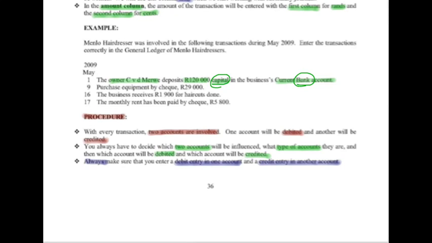Our next transaction on the 9th, we purchased equipment by check, 29,000 Rand. So I need to identify my 2 accounts. Easy, I bought equipment, I paid by check, so my check indicates that bank was used. So my 2 accounts would be equipment and bank.